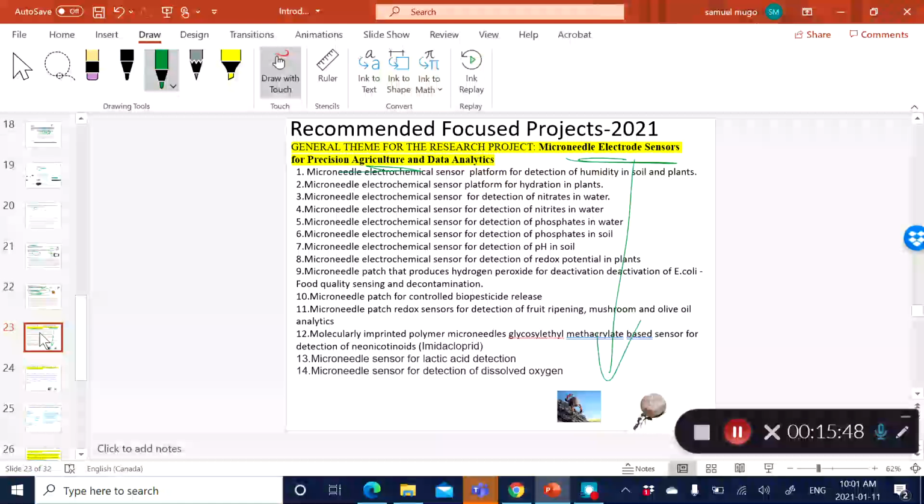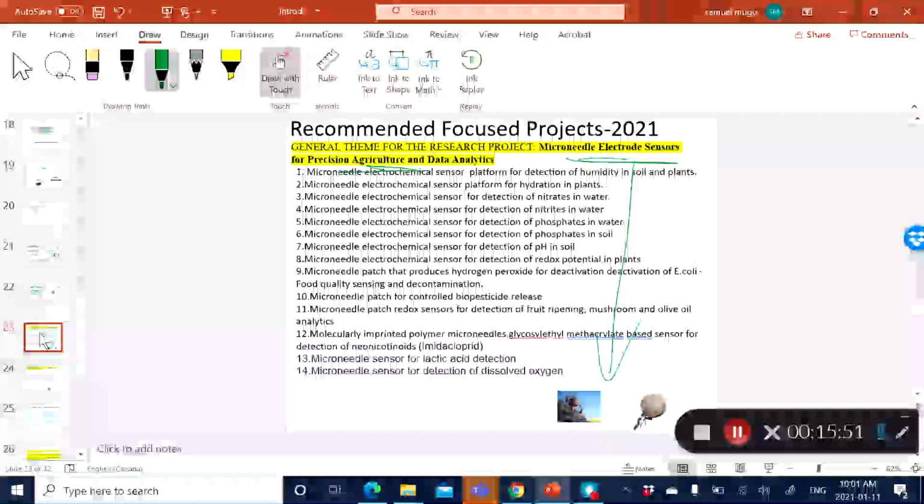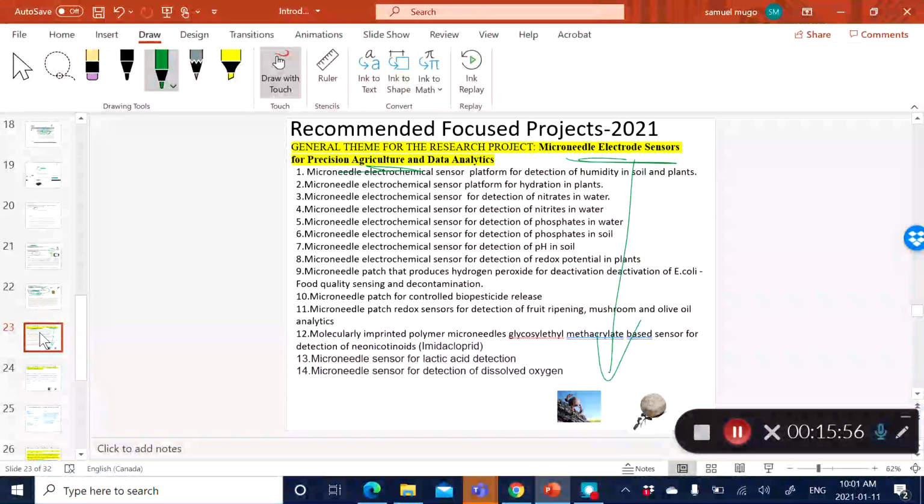Maybe one project, the microneedle, and all of them actually are based on electrochemical detection. And you've heard me say, essentially, this is the future, because electrochemical sensors are very easily miniaturizable, and so you can make them very, very small, even into nanosensors.